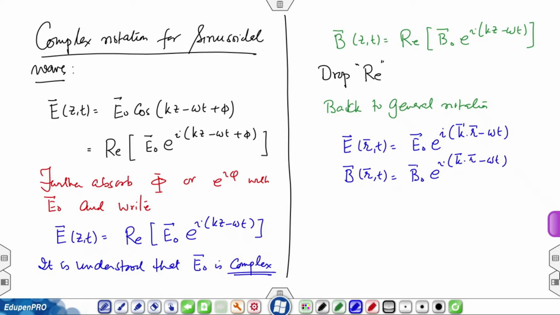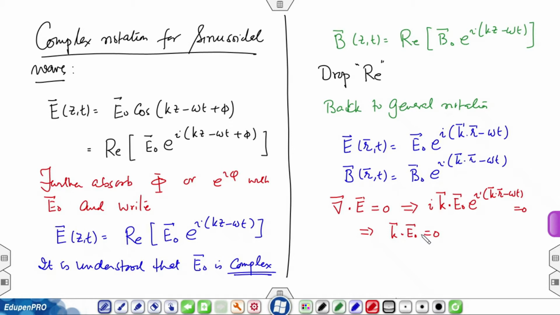There are no sources, and therefore, what I have is that divergence of E is 0, and this immediately implies, and you see now the advantage of using this complex notation, that i k dot E 0 e raised to i (k dot r minus omega t) equals 0. And this means for all time this has to be satisfied, that k dot E 0 is 0. This comes from the Maxwell's equations.